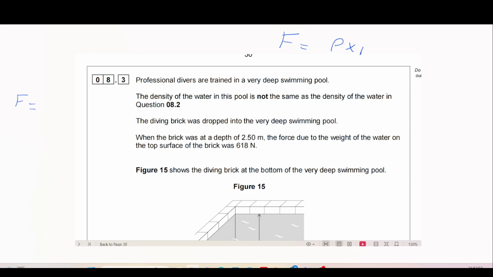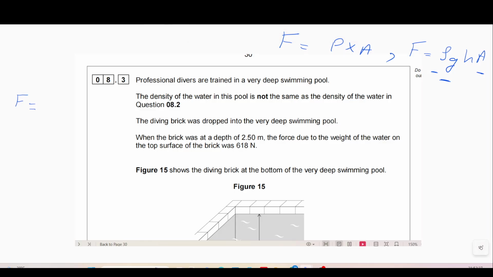Force is pressure times area, but in this case, the other formula you will be seeing is this: force is equal to density, g, height and area, right? Because the density, gravity and area, they are constant. Force equals ρgHA. But this is not the final form.